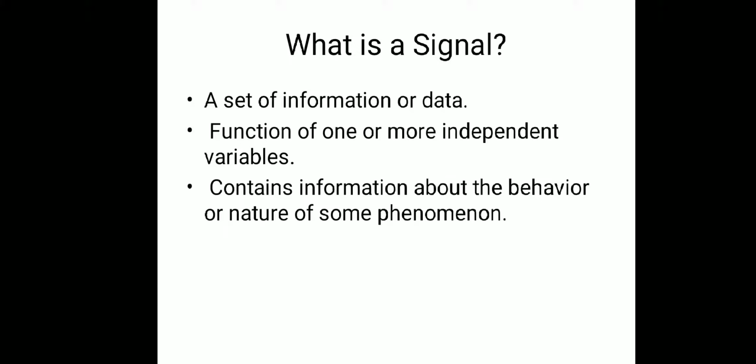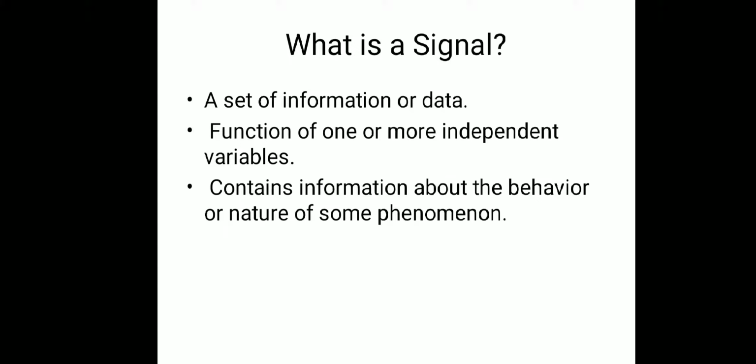If it crosses more than 80 bpm, that is beats per minute, that means the patient's health is not good. If it lies within 80 bpm, then we can decide the patient's health is at the margin level. That is how you decide patient health depending upon the signal.